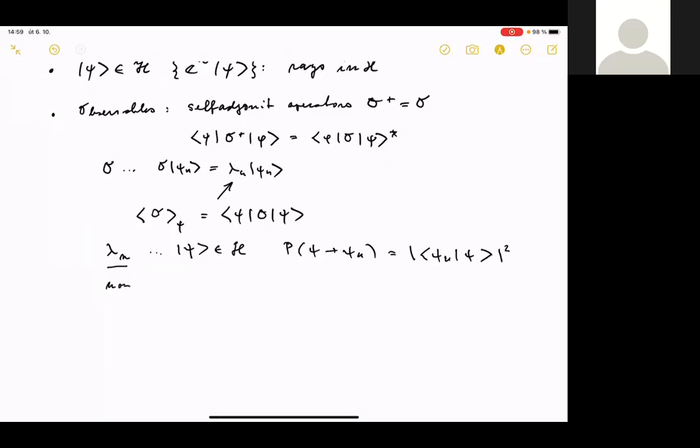Of course, this is true only when lambda n is non-degenerate. In the case when lambda n is degenerate, that means there exists more than one eigenvector with the same eigenvalue lambda n, then we get the probability as a sum of these probabilities.